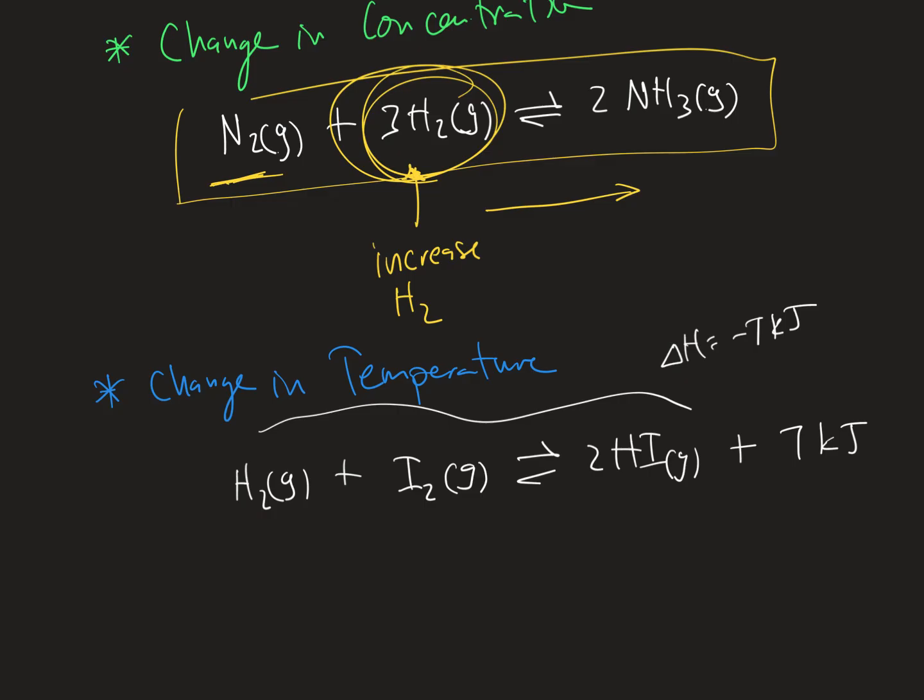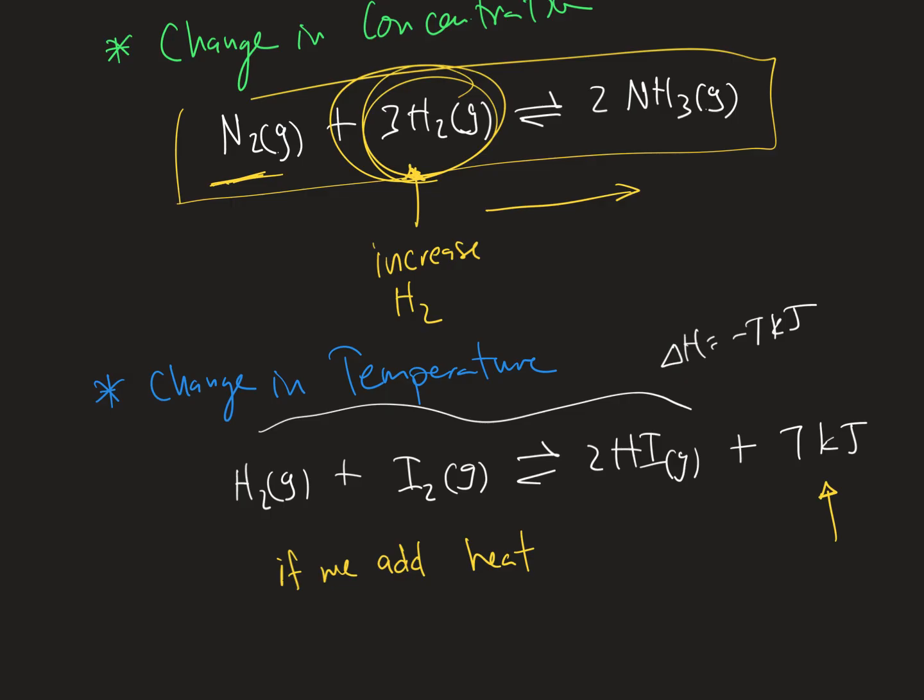Okay. So what happens if we add more heat to our reaction? What way is it going to go? To more reactants or more products? Yeah, it's kind of like adding concentration.